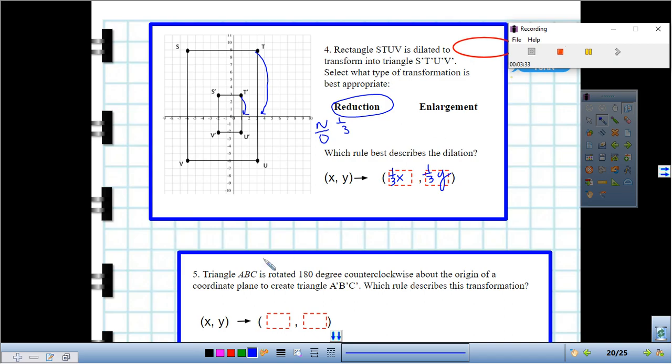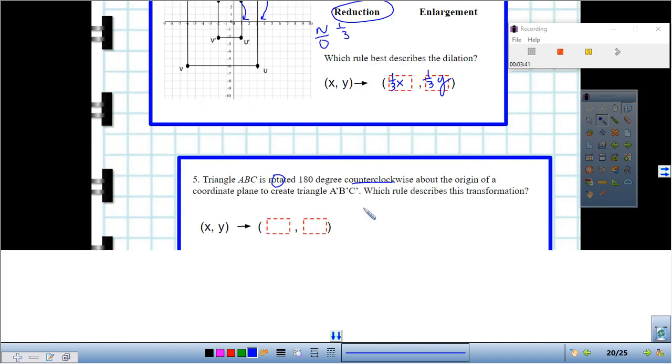Okay, triangle ABC is rotated 180 degrees counterclockwise. This is pretty easy actually. I'll just make zeros here: 0, then 90, 180, 270, 360. It always goes with x, y, and then y, x, x, y, y, x, x, y. And then we're going to go counterclockwise, so it goes to the left.